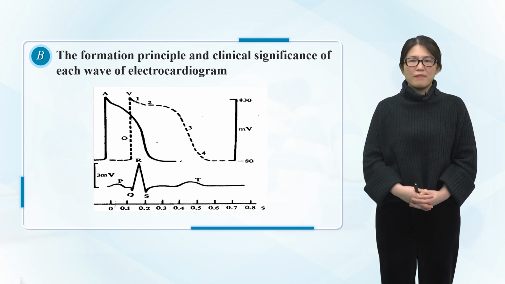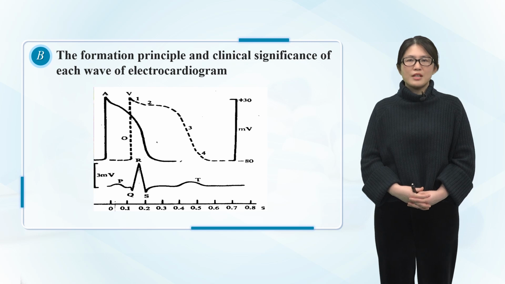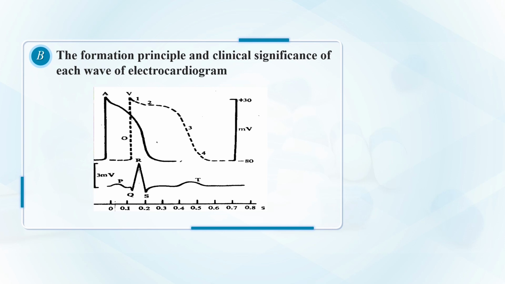Each segment of the electrocardiogram waveform reflects the depolarization or repolarization process of different parts of the heart. As shown in the figure, the QRS waveform has a high degree of coincidence with the action potential of cardiomyocytes. The upper dashed line is the action potential, and the lower solid line is the QRS waveform.